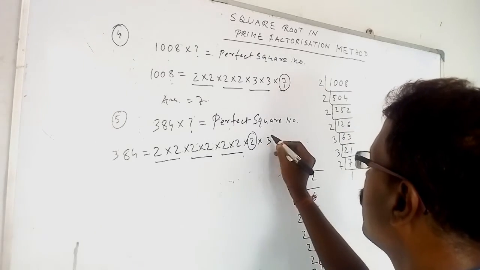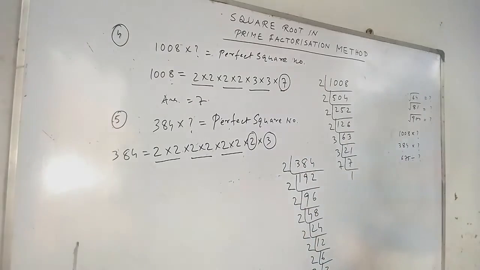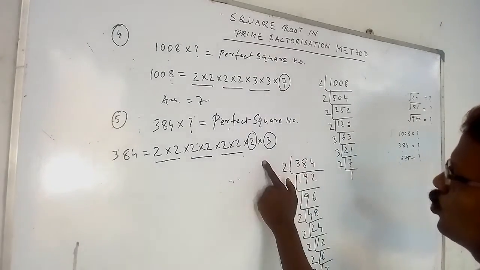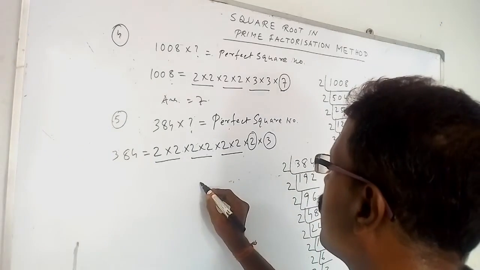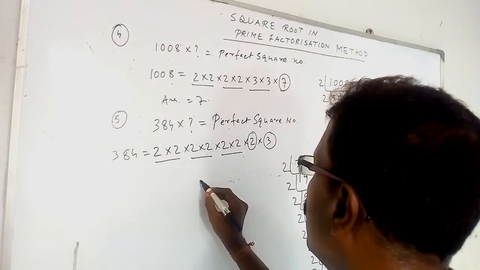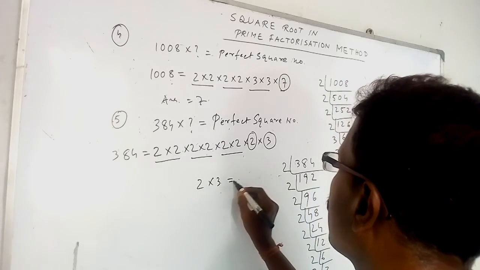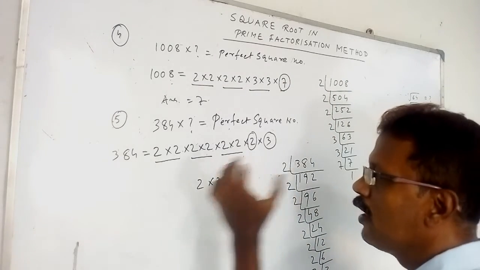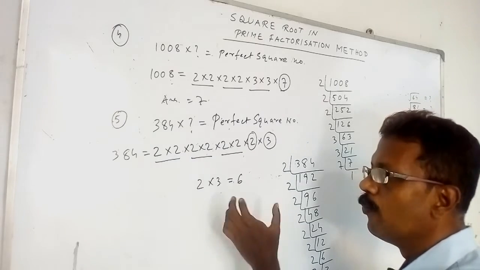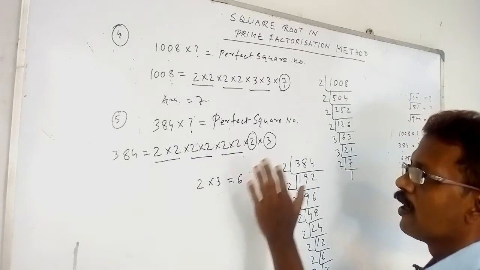This is single and this one is also single. So you have to put one more 2 and one more 3. That is your answer: 2 into 3, that is 6. 384 is to be multiplied with 6 to make it a perfect square number.